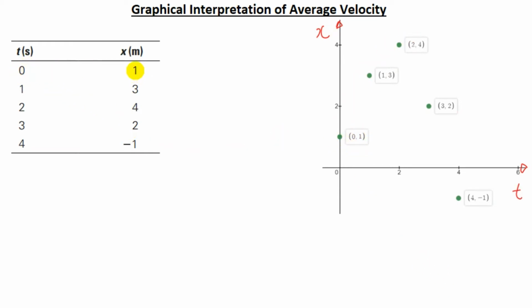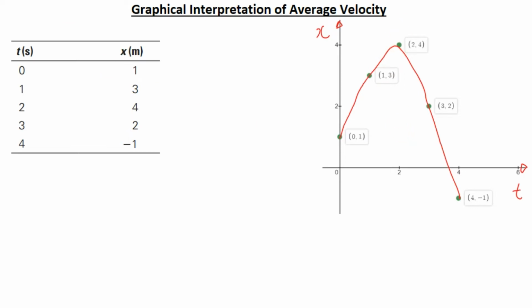When time is 0, position is 1, so this is 0 comma 1. Similarly 1 comma 3, and so on. Now let's join these points with a smooth curve like this. Now it makes it easier to visualize a particle's motion.